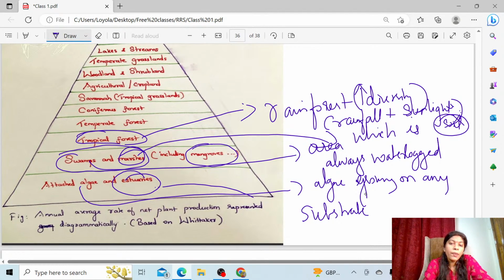This will also leach away the nutrients present inside the soil. So now the soil is lacking nutrients, and therefore it will not support the growth of trees, since there is a lack of nutrients due to leaching away by rainfall and sunlight. This is one condition going on, like a circular phase, like a feedback.